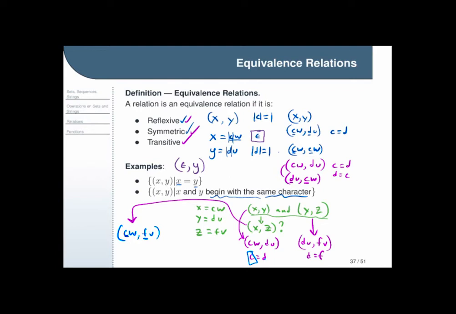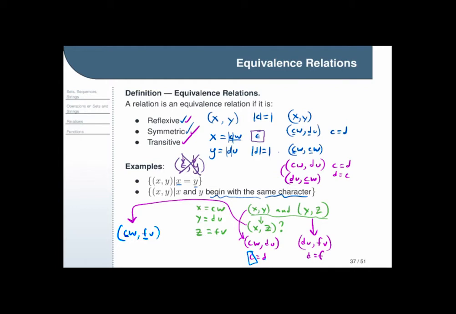We have the empty string and some other string that is not the empty string. Can these be related? Well, the definition is they begin with the same character. There are no characters in the empty string. There are characters in this other thing. So they do not, right? So this cannot be in the relation.